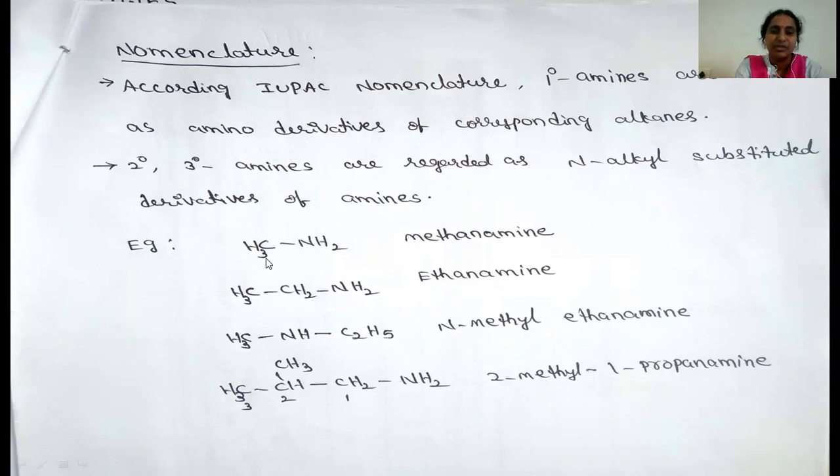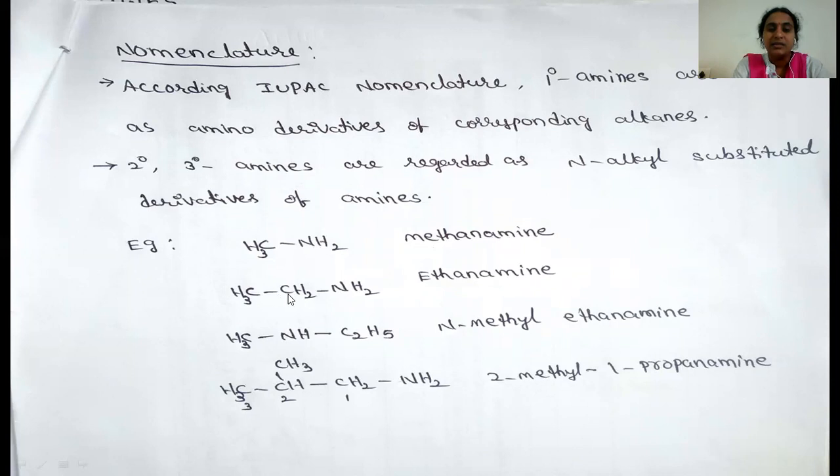For example, in this compound, only one methyl group is present, that means one carbon is present. So if one carbon is present, according to IUPAC nomenclature, the name is meth. And here, NH2 is called amine according to IUPAC nomenclature. So hence this name is methanamine.